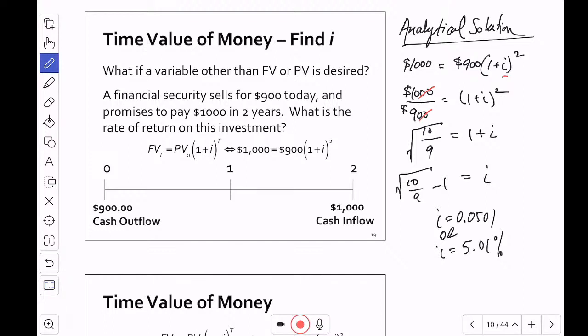So I will say something like, show your work to show me how you solve for a variable. And this is a way for you to get part marks in case you make a mistake.